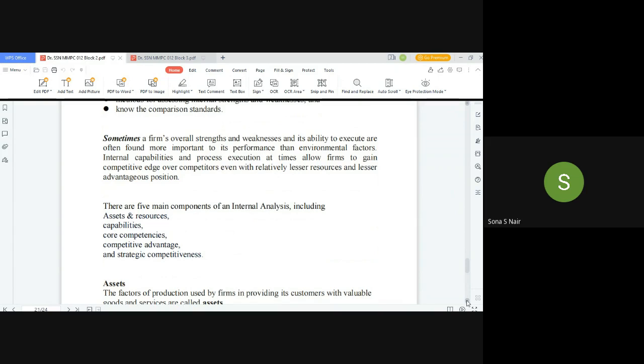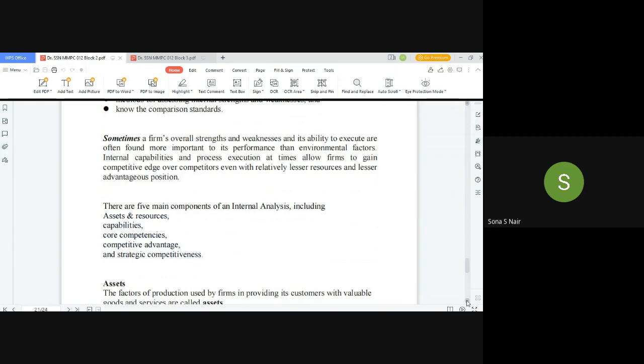Okay. One is assets and resources. That is the first component of the internal environment. Second is capabilities. Third is core competencies. Then we can talk of competitive advantage and strategic competitiveness. Now, moving from assets and resources to strategic competitiveness, it is a gradient from where the ability of the organization grows.